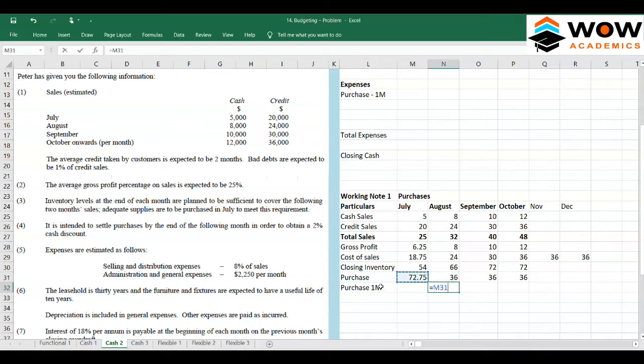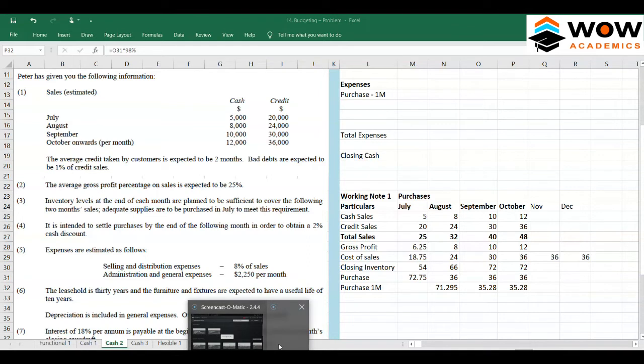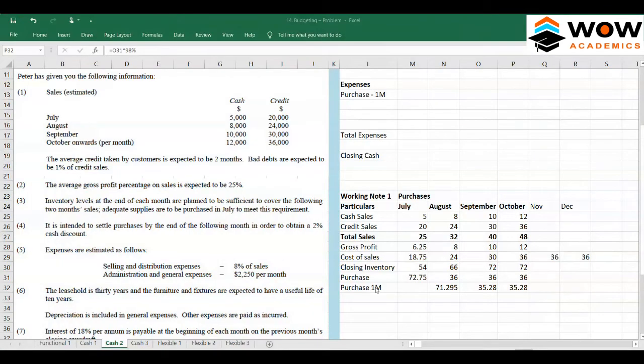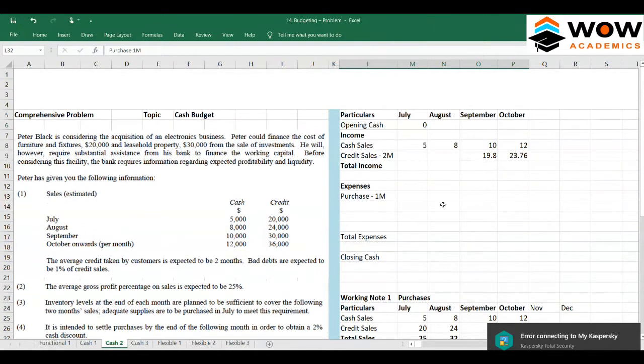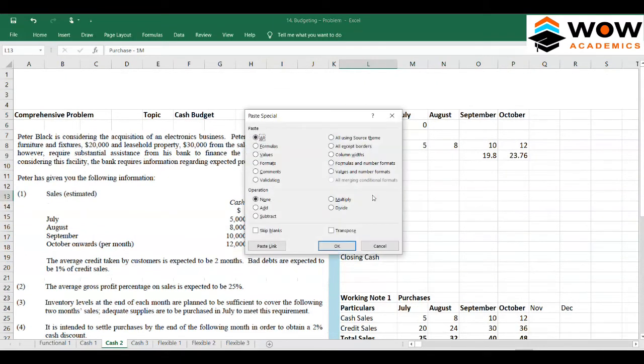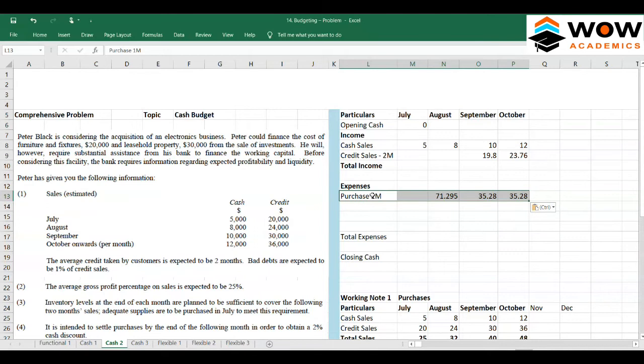So this number into 98 percentage will be paid in August. Subsequently, we can also work out for other months. So now we can copy this part and we can go here and paste the relevant numbers. So we have done.